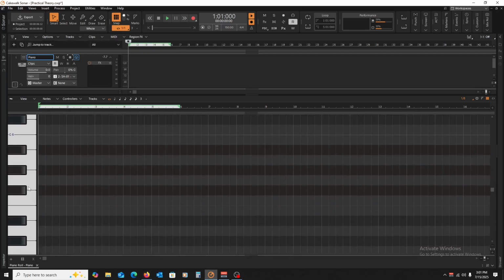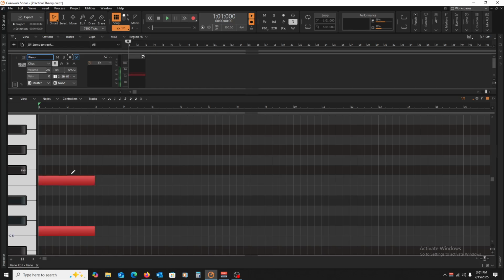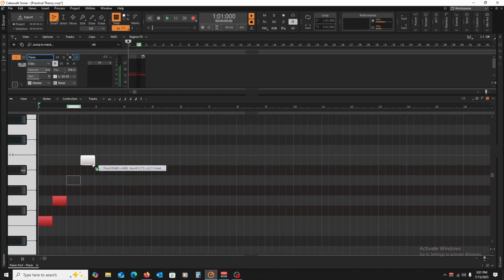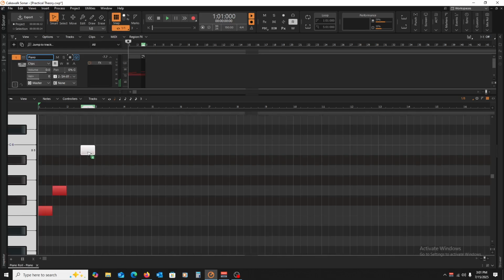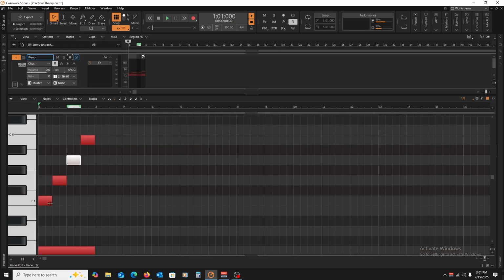So if we were to play this F major, and then we were to play, so we're playing an F major chord, and then we're playing this Lydian thing with the sharp 4 here.